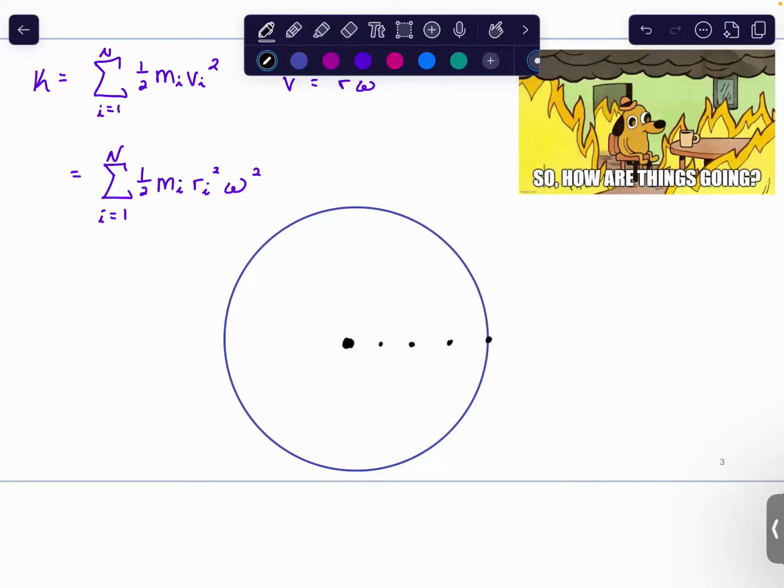Now, each one of these is going to have a linear velocity.